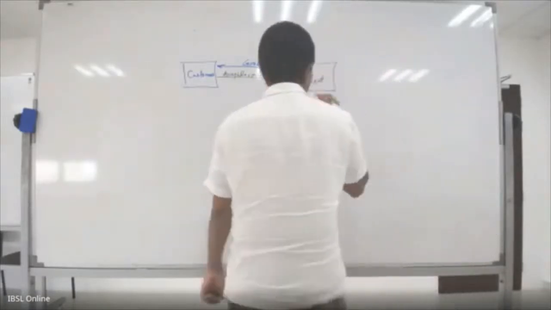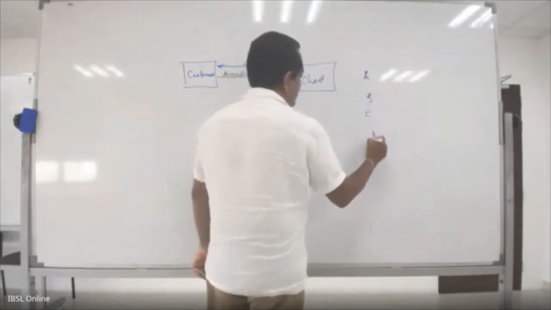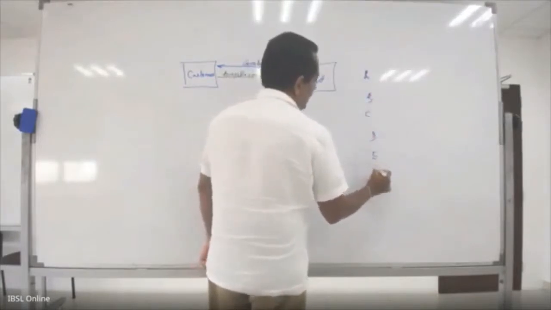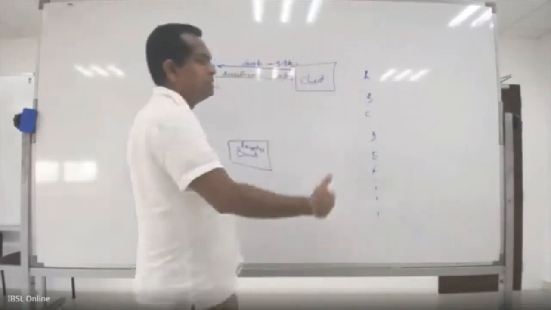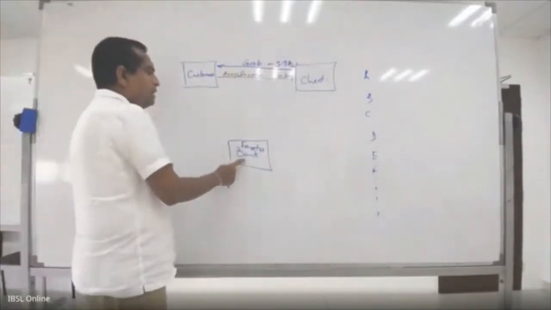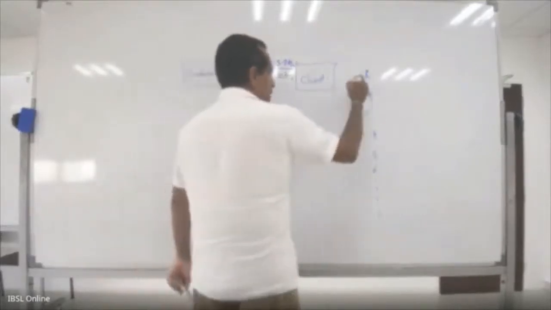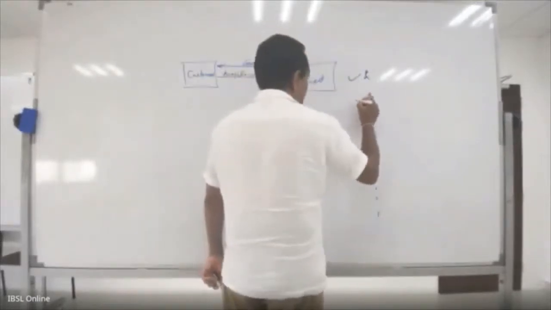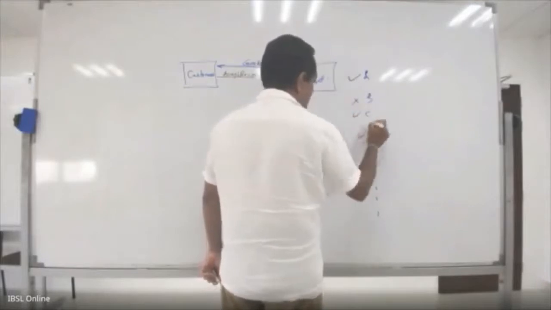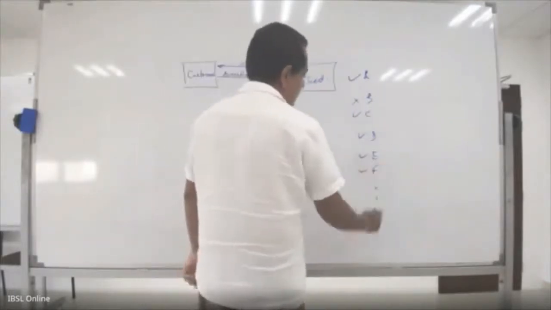The client can say, I have customers A, B, C, D, E, F, like that. So the factor or the bank will evaluate these customers and say, okay, this is a good customer, this is a bad customer, this is a good customer, this is a good customer.